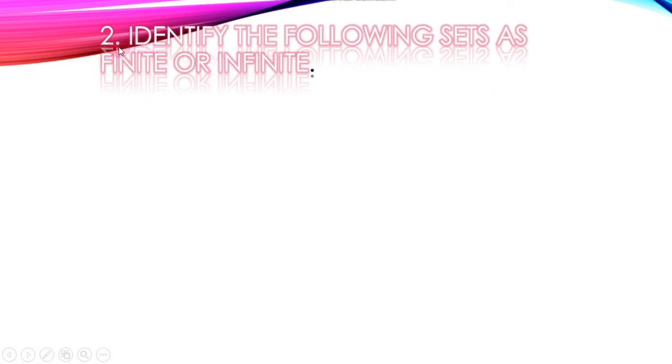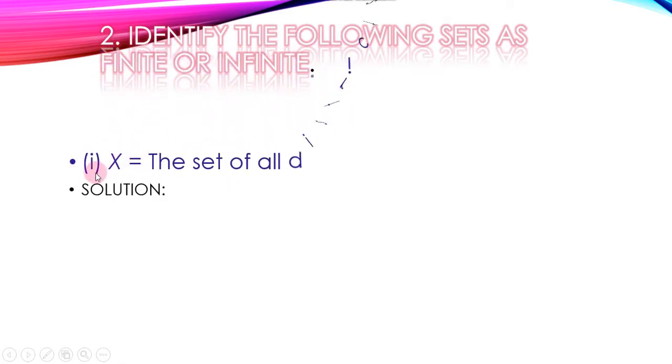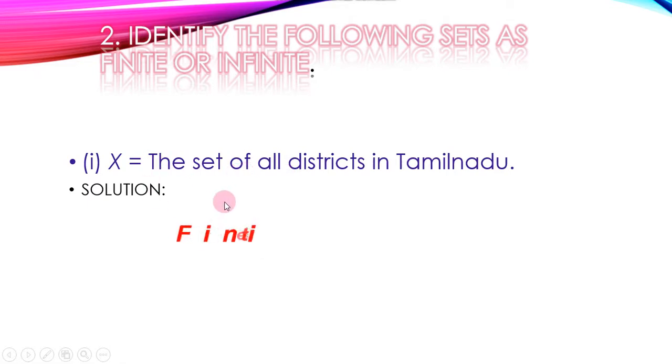Next, second question. Identify the following sets as finite or infinite. First subdivision, X equal to the set of all districts in Tamil Nadu. Can we count the districts in Tamil Nadu? We can count. So finite set.